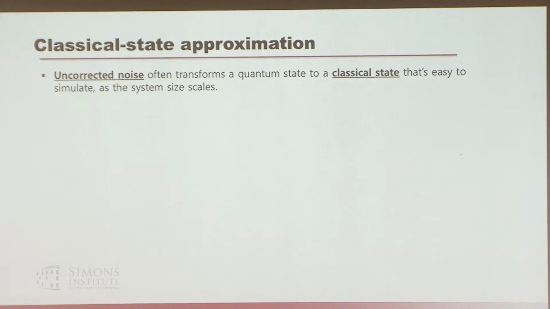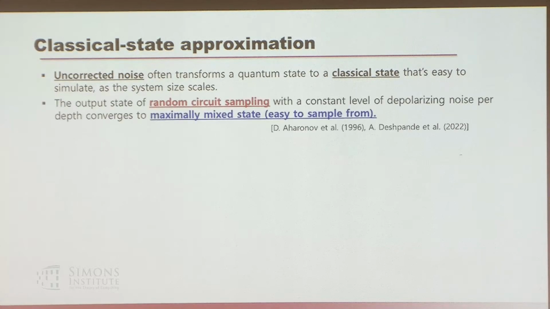Let me give you one example that must be really familiar. If we talk about noisy random circuit sampling with a constant level of depolarizing noise per gate, then we know that because depolarizing noise increases the entropy of your system, it will eventually converge to the maximally mixed state as you increase the system size, when your circuit has a sufficiently large depth.